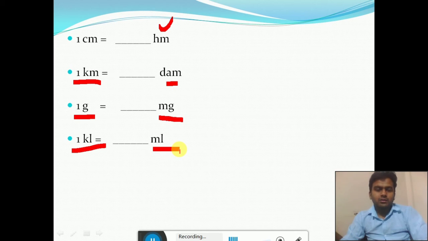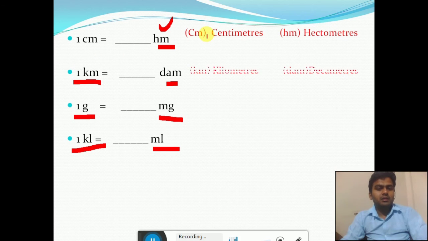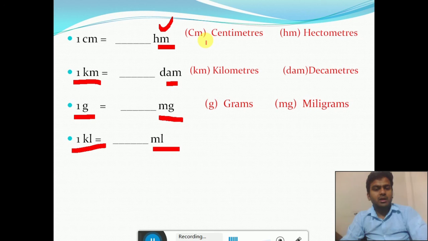I think you know the full form of these all. cm means centimeter, hm means hectometer, km means kilometer, and dam means decameter. g means gram and mg means milligram, kl means kiloliter and ml means milliliter.